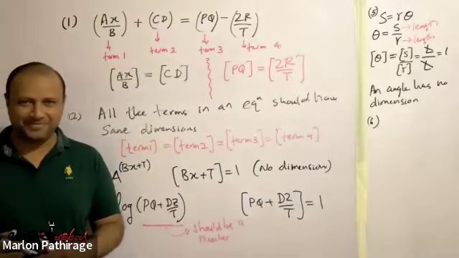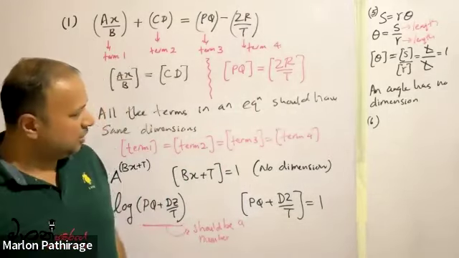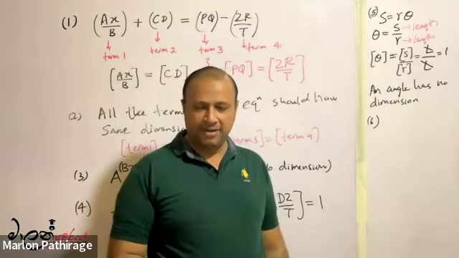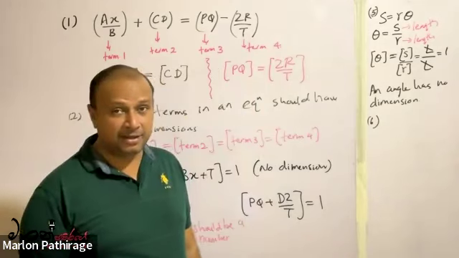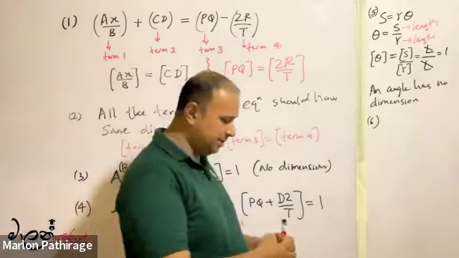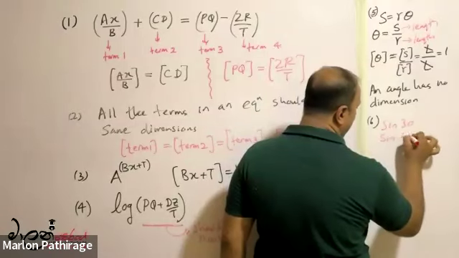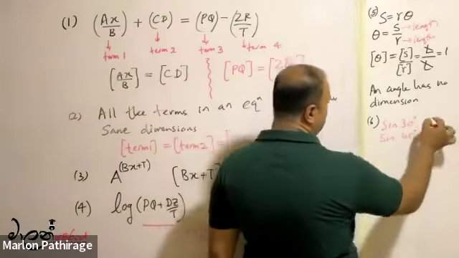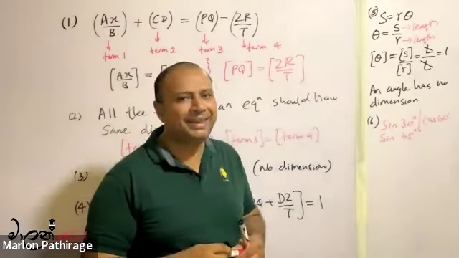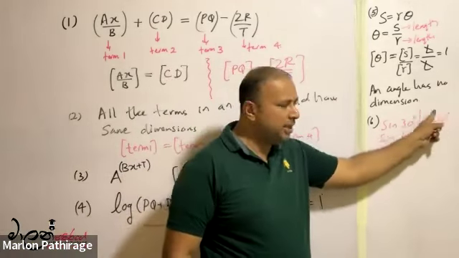The last one is the trigonometric function. If we consider a trigonometric function, inside the trigonometric function there should be an angle. If you consider sin 30, sin 45, or cos 60, any trigonometric function, the inside expression should be an angle.